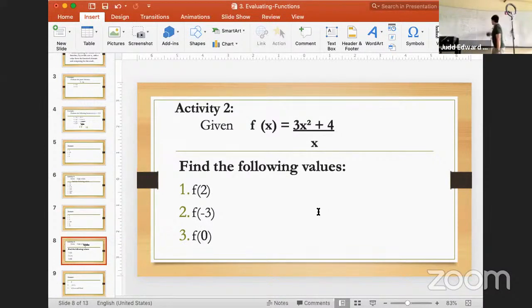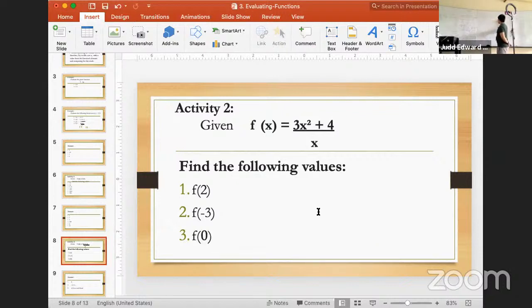Based on the given, f of x is equal to 3x squared plus 4 over x. And we're asked to get the following values. For A, we're asked to find f of 2. For B, we're asked to find f of negative 3.